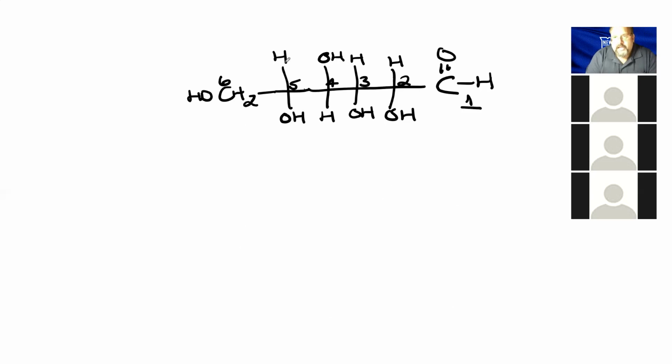Okay. Next step. We want to figure out what size ring we're going to draw, whether a 6-atom ring or a 5-atom ring, whether we're going to draw a hexagon or a pentagon. Now, how do I figure that out? You start with the C double bond O carbon.